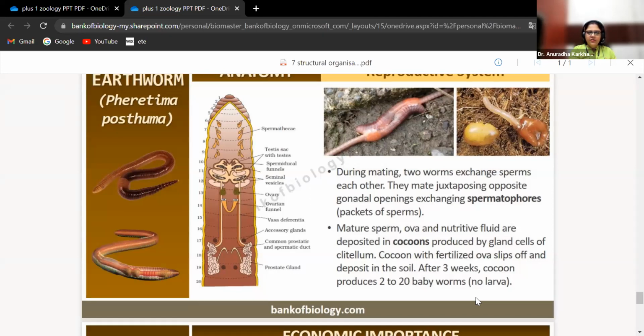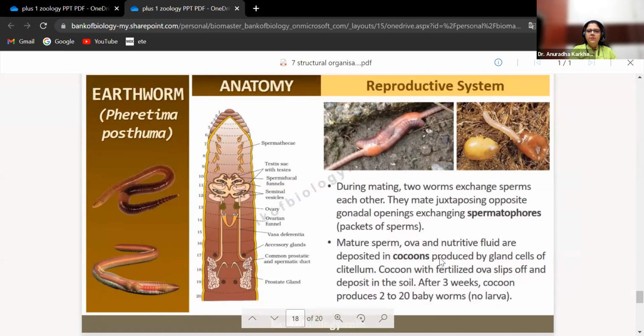Got it? That is how the reproductive system has been explained.